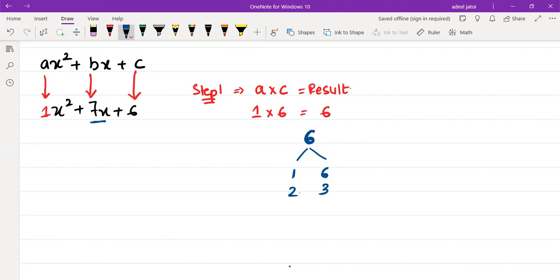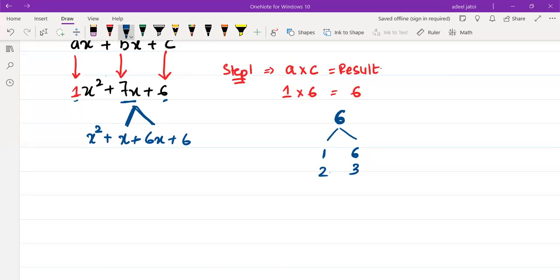So this should be x squared plus x plus 6x plus 6. So this particular term will be broken into two different middle terms, that is x plus 6x will be 7x. So step 1 is a multiplied by c, which gives you the result.